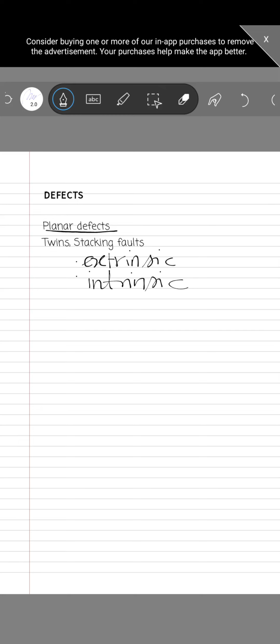Hello students, so in this lecture we will discuss defects, especially those occurring in nanomaterials. We know about different types of defects like linear defects, point defects, planar defects, but let's talk about planar defects because they are important in the case of nanomaterials.